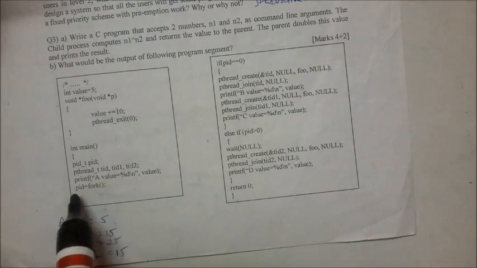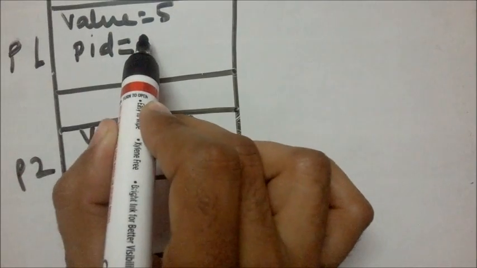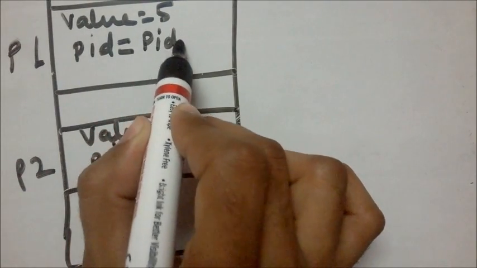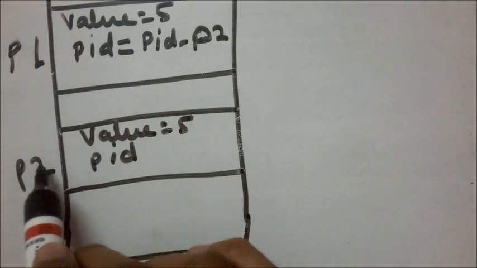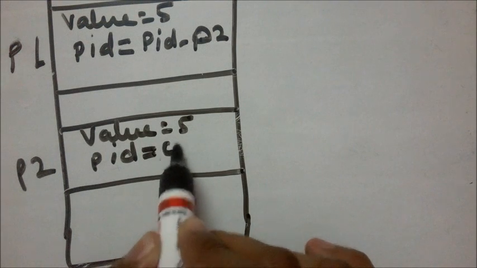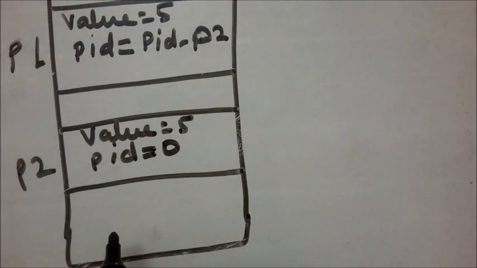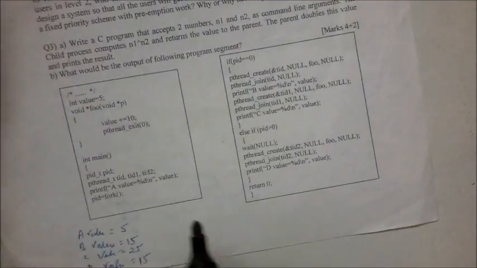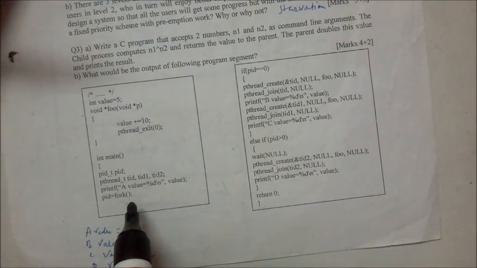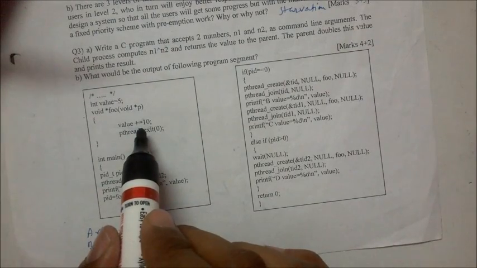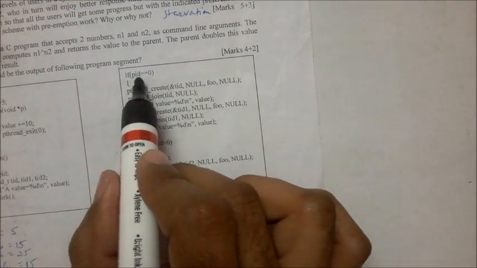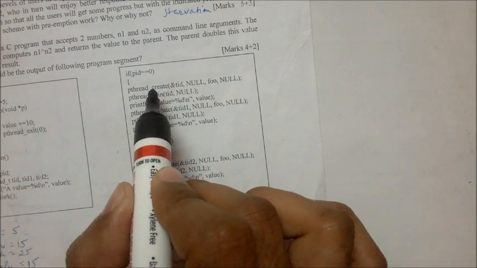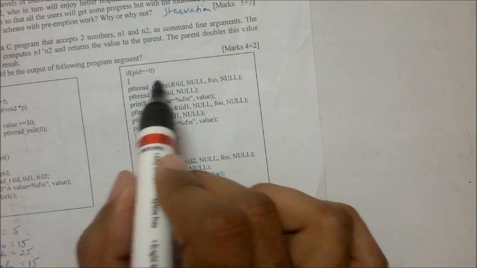So the original process will get pid equal to the pid of the child process, that is P2, and the child process P2 will get pid equal to 0, right? Because fork returns 0 to the child process and it returns the pid of the child to the parent process, right? Then if pid equal to 0, that means we are talking about the child process.